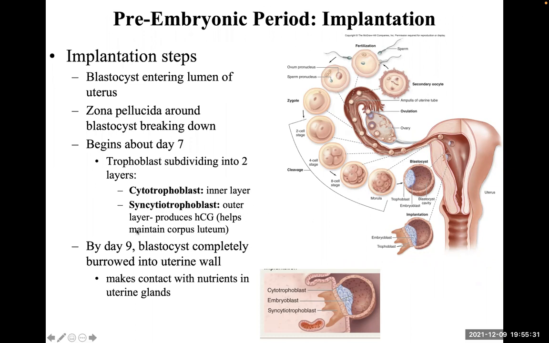I want you to know what the syncytiotrophoblast is, just because it plays such an important role in secreting the hormone that's responsible for maintaining the corpus luteum, which is the structure that maintains the lining of the uterus, all the way up through the end of the first trimester until the placenta is developed enough to take over that role. And another take home from this is it takes about, right, so day 9, but it takes up to 2 weeks from the time ovulation takes place for that blastocyst to be fully embedded into the lining of the uterus.